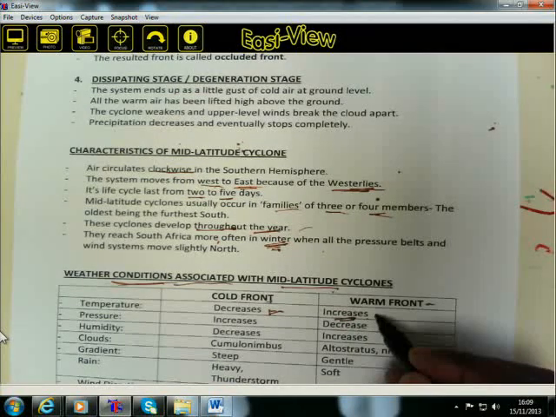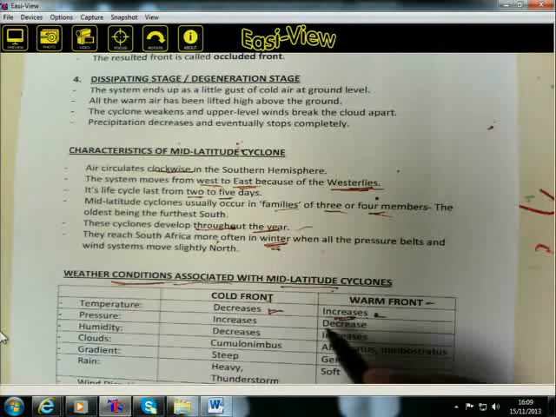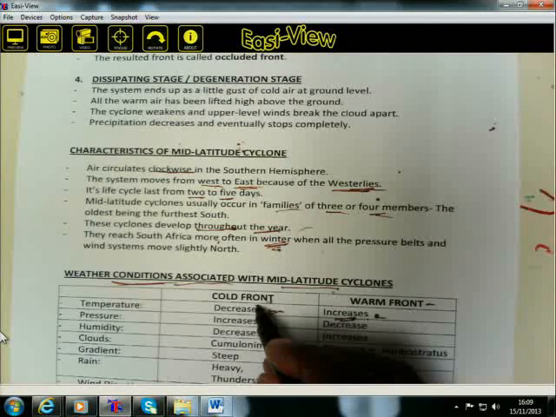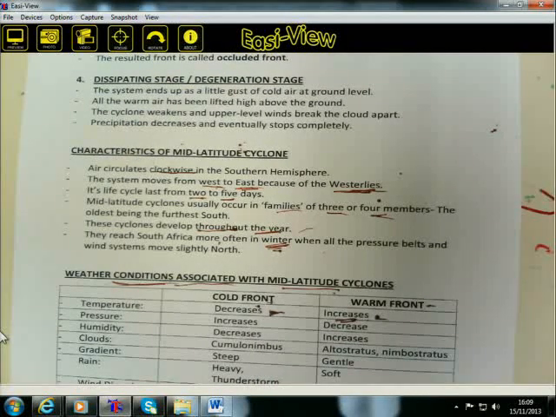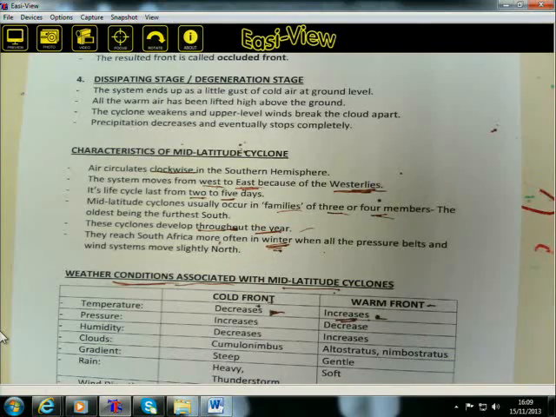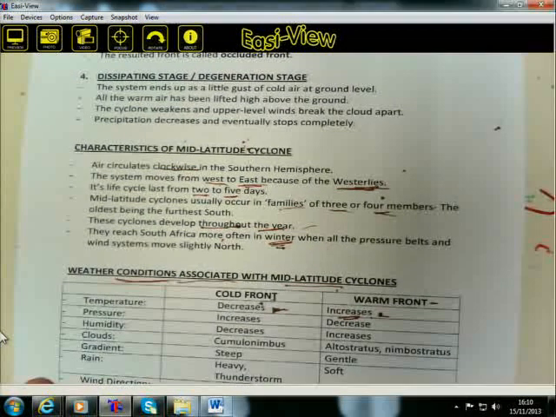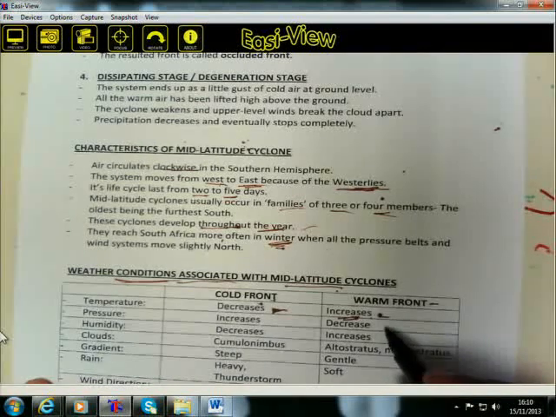On the other hand, when the cold front approaches, the temperature will decrease. It makes sense. When the cold front comes, it will become colder. When the warm front comes, it's obvious the temperature will increase.